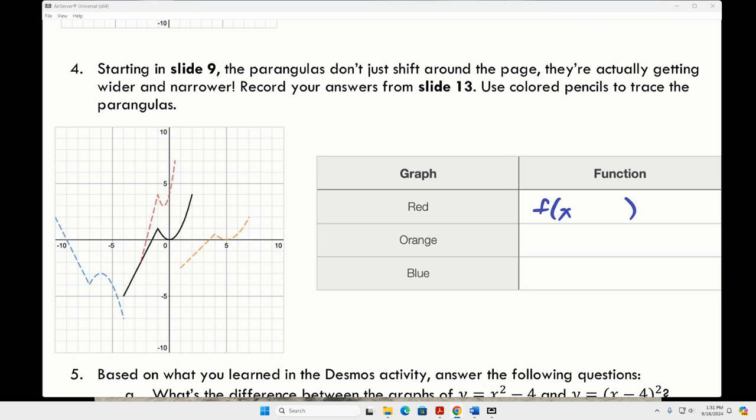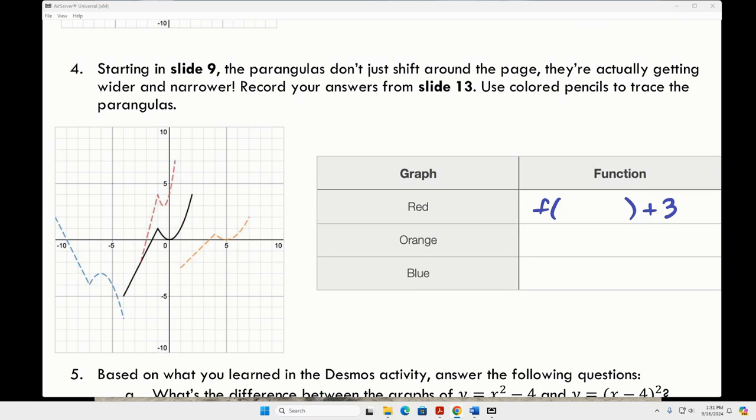So what do I do to go up 3? Up 3 you add on the outside. Don't put the x there yet, sorry. Okay, and so if you look at the black one compared to the red one, they're the exact same height. But what changed is it got narrower, so the width changed.